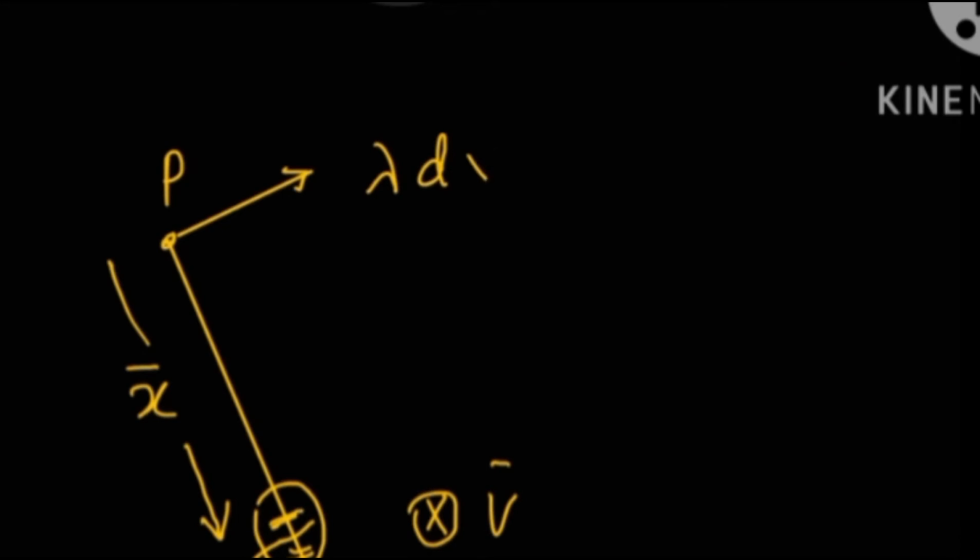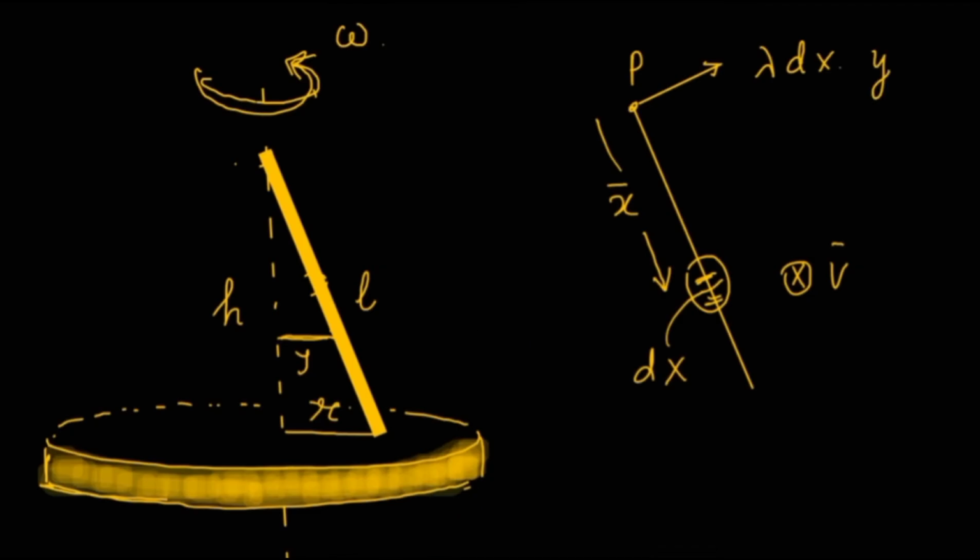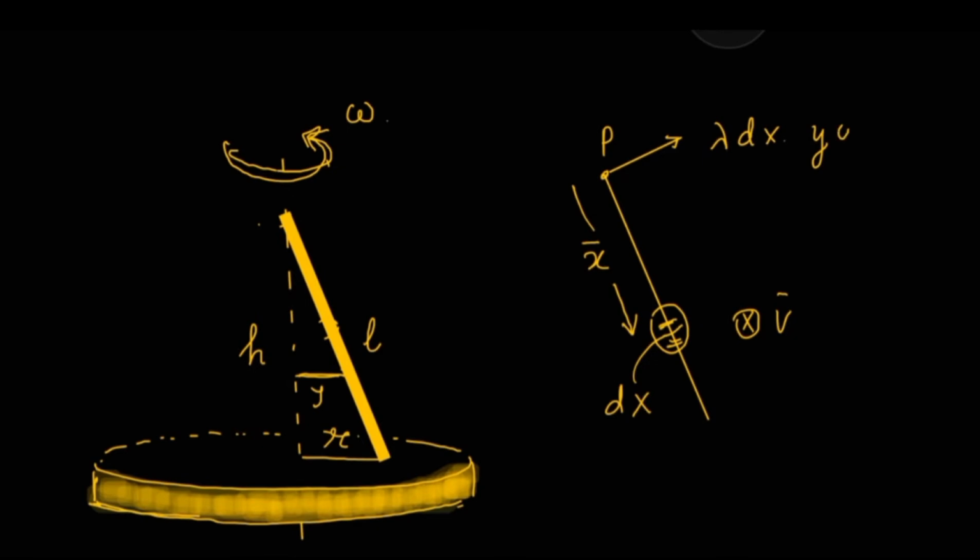So lambda dx is the mass, into velocity. Suppose this distance is y. So this element is moving along a circle of radius y, so its velocity will be y into omega. So mv into x is the angular momentum about point P, and its direction is as shown.